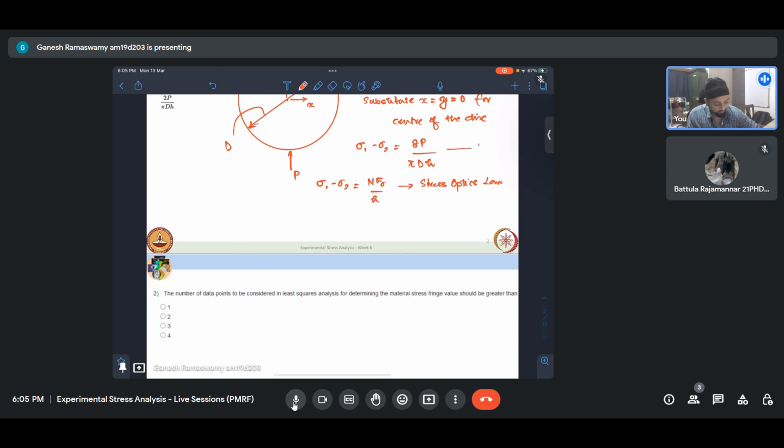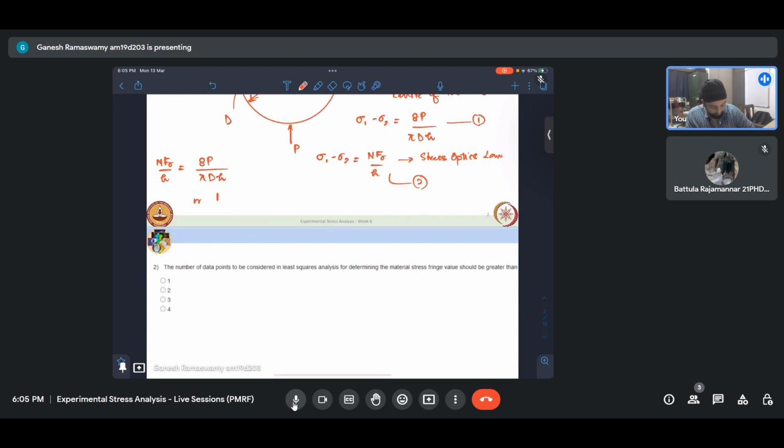If I label this as equation 1 and this as equation 2, from this I get N F sigma by h is equal to 8P by pi D H, or F sigma for this material is 8P by pi D N. So this is how I get, as a first level analysis, the material stress fringe value.